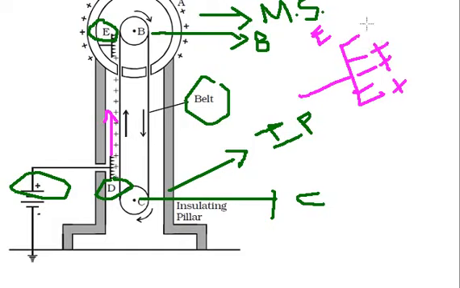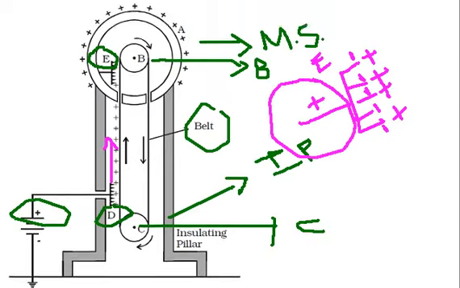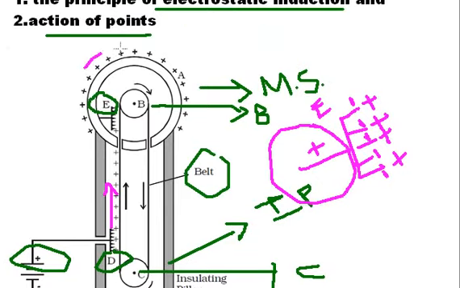When the positive charges reach here, by electrostatic induction, negative charges will be created in the conductor E. On the other side, the positive charge will be accumulated and collected in the metallic sphere. In this way, the sphere acquires positive charges, which are distributed on the outer surface. So all the outer surface has the positive charge.